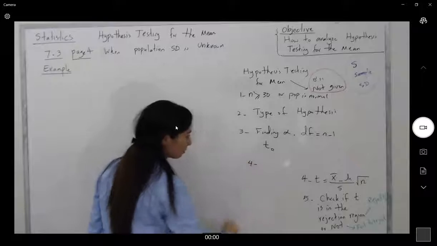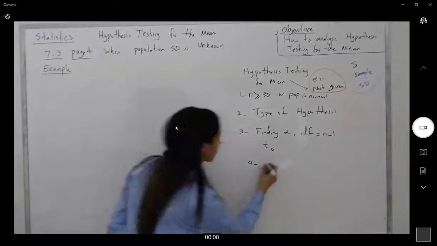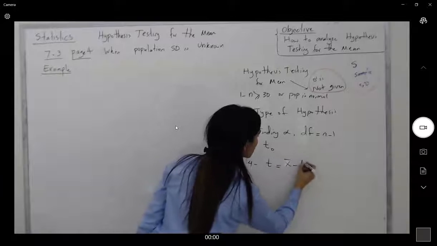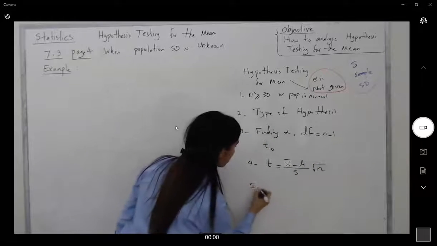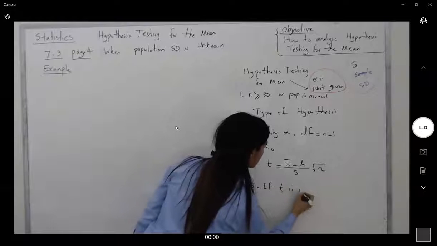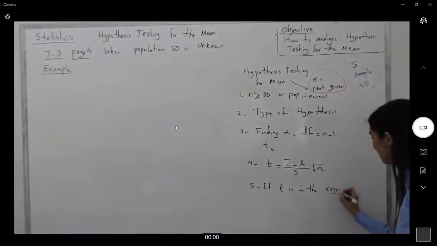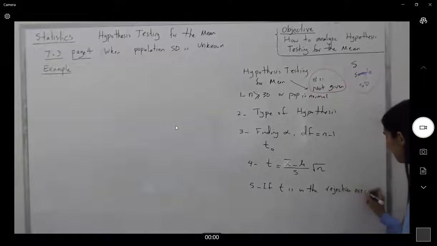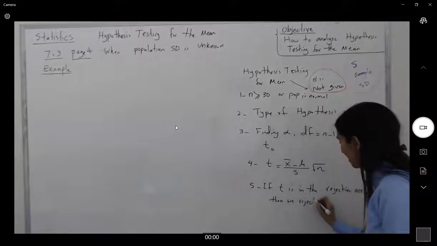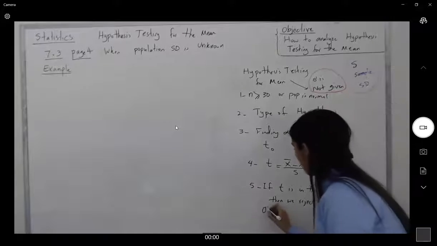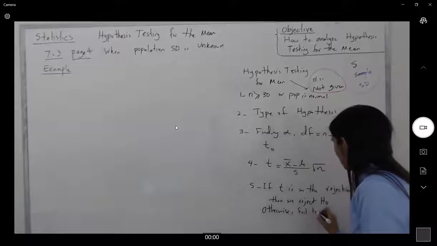And step 4, we need to find the standardized statistic, t equals x bar minus mu divided by s over square root of n. And 5, if t is in the green region or rejection area, then we reject the null hypothesis. Otherwise, we fail to reject.